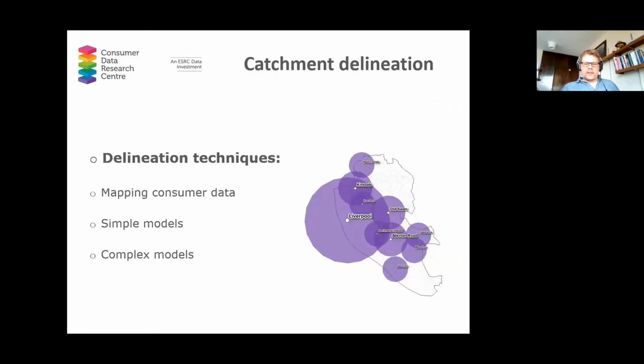buffering. So in terms of the actual delineation of retail catchments, there are a number of techniques. You could simply argue that most retailers should be able to map their customers' locations, domiciles, and that is correct. If they have loyalty cards and they collect data on consumers, they are mapping the data, and effectively they can see where the customers are coming from.